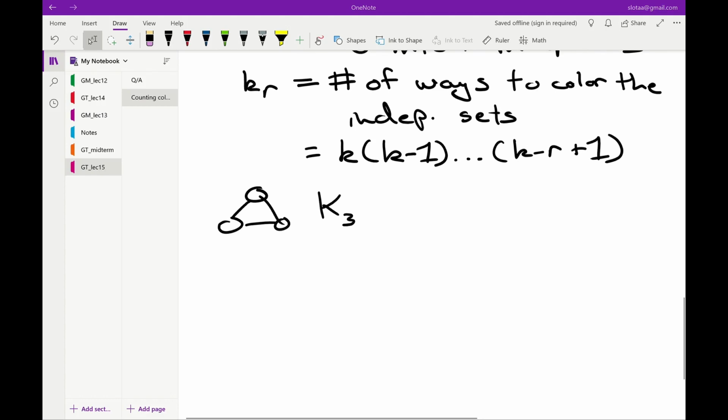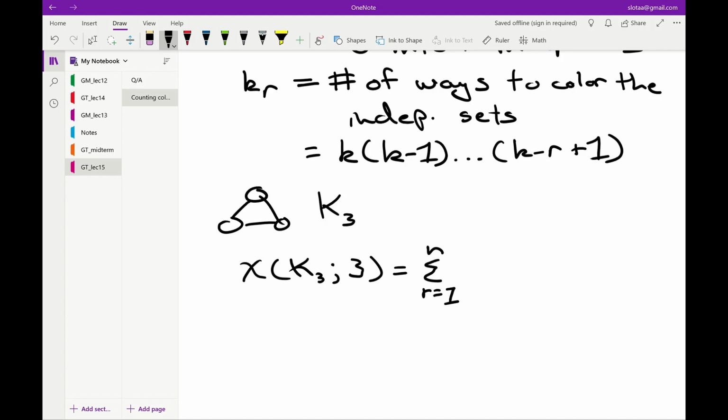So K sub 3, just for simplicity, with 3 colors first, equals the sum over r equals 1 to n of p sub r, k sub r. Let's make these explicit: 3, k sub 3, and k sub r.